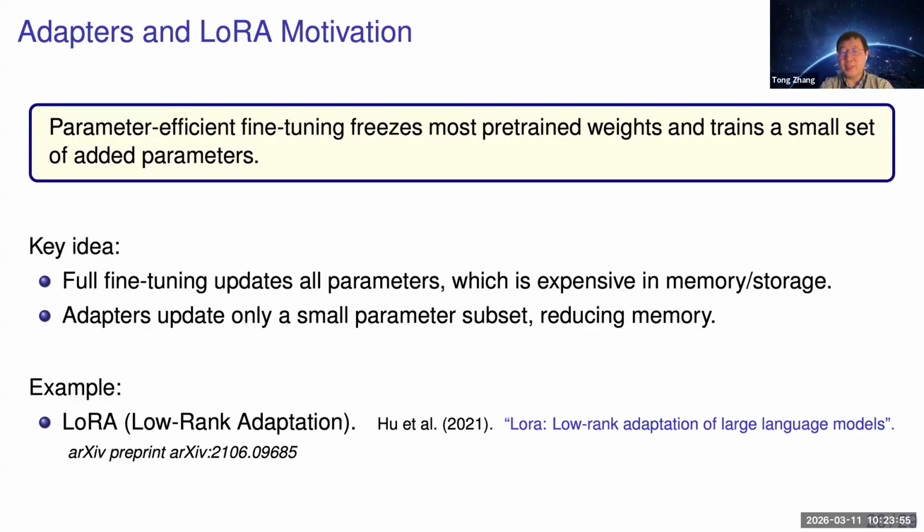LoRA is the most popular, most important and most widely used adapter, so this is what we will focus on. Although many other adapters have been proposed, we will not talk too much about them.